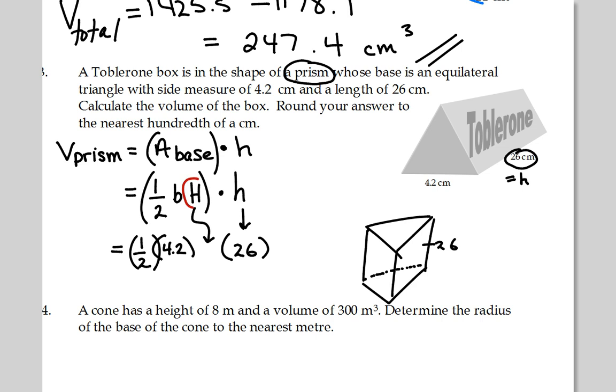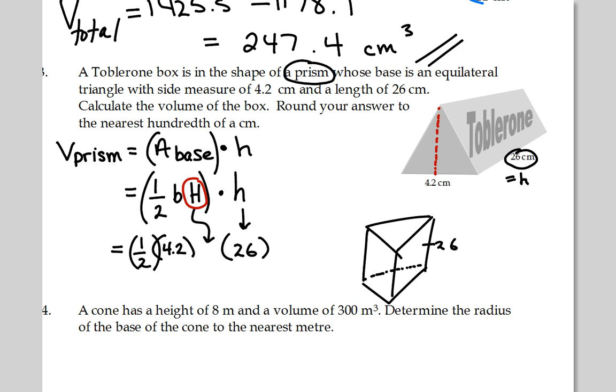What does this capital H represent? That's the height of the triangular face. Because we're trying to calculate the area of that face, and that uses the vertical height for the face.